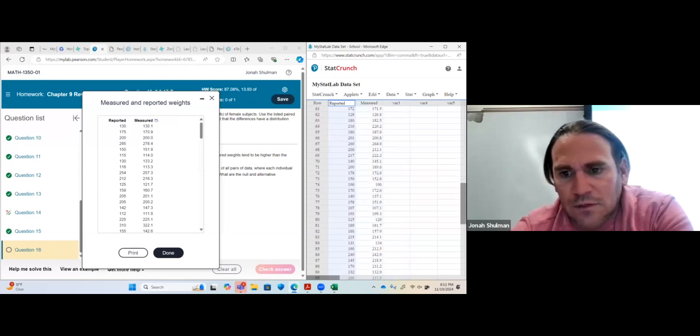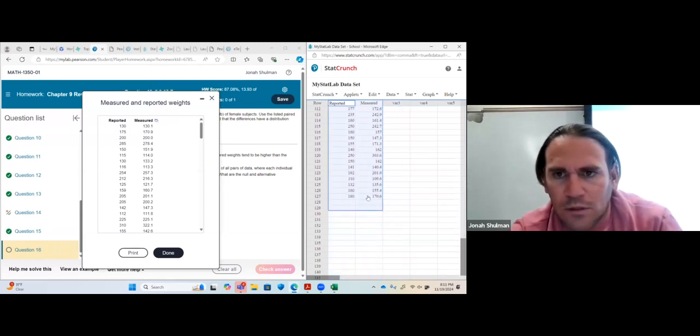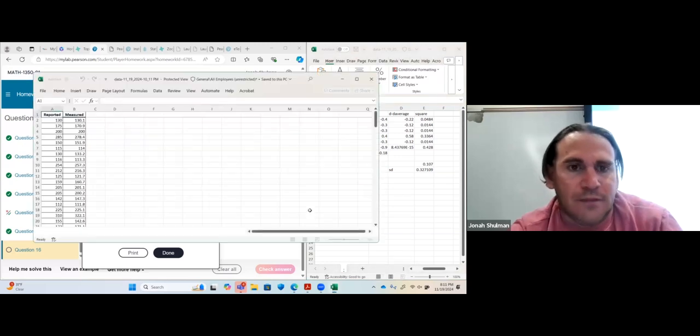Just so we can see it done in Excel for fun. So here's your data. Boom. I'm going to go to Excel, just a new page since it didn't want to load. Now it wants to load.